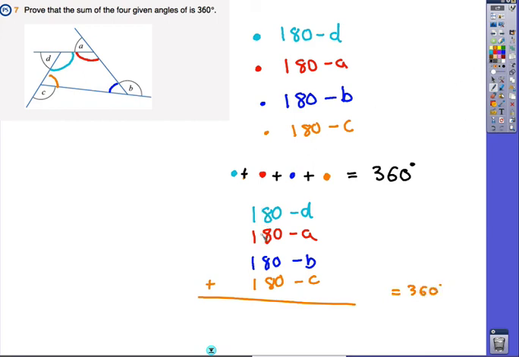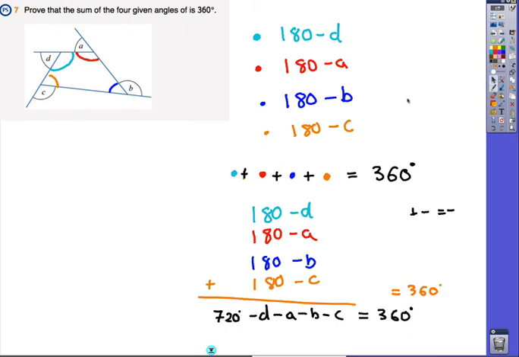Now 180 plus 180 plus 180 plus 180 is the 720 degrees. But minus D plus minus A plus minus B plus minus C is just going to be in letters, because we don't know what they are. So minus D plus minus, so plus minus, saying that in our head, is just going to be minus. So plus minus A is just going to be minus A, plus minus B is going to be minus B, plus minus C is going to be minus C, and these add up to 360 degrees.